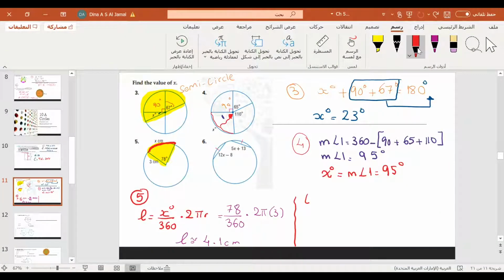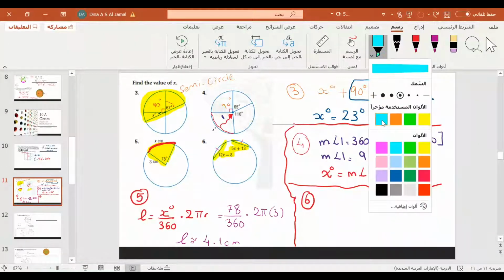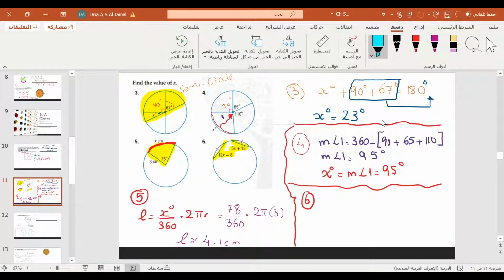So in question 6, you are having a circle. He just gave you what will be this chord and what will be this chord. But he gave you very important information about the arcs.